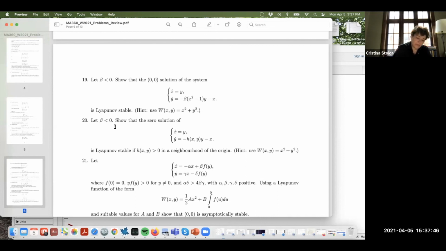Show that 0, 0 is Lyapunov stable, okay? Where the system is this. I hope it's correct. Okay, and W of x, y is x squared plus y squared.